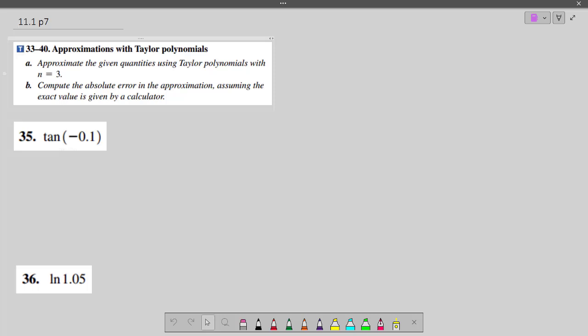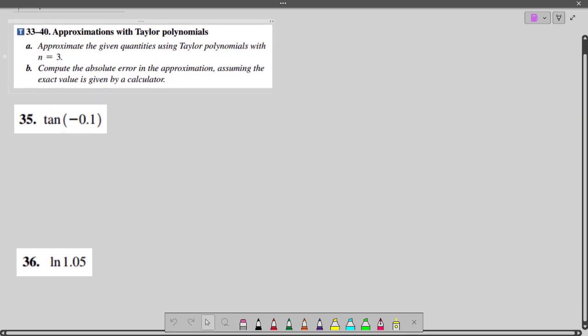And that's the practical part. That's what our calculators and computers are using. They're using a Taylor polynomial because the Taylor polynomial is the approximation that's within the remainder of whatever your target is. So let's go ahead and do the Taylor polynomial for these two functions.